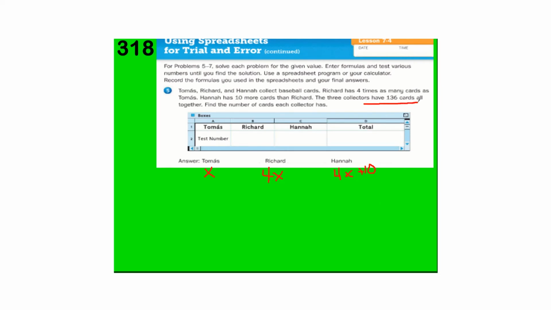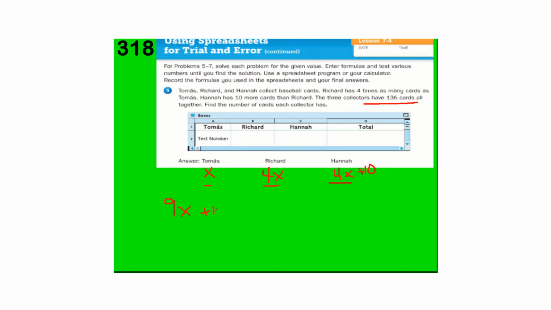It says altogether they have 136. So you need to figure out how much each person has. You can pause the video and figure that out. And I'll just do it here for you. And hopefully you did something like this. So there's 9 x's. There's 1 there, 4 there, 4 there.